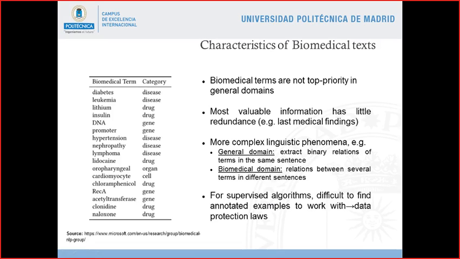Some characteristics of the biomedical text: the terms used are not a top priority in general domains, okay? When you write on Twitter, probably you won't publish if you have diabetes or leukemia, or you are using lithium or insulin, etc. So this information, which is more valuable to find from the biomedical perspective, has little redundancy.